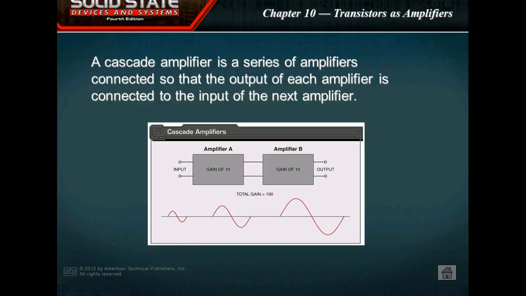So if I said 3 times 5 is what? 15. So let's say I go through 3 gains. I take 5 in and I get a gain of 3. Then I take that and feed it into another amplifier that has a gain of 3. So I take 5 in, I get a gain of 3.